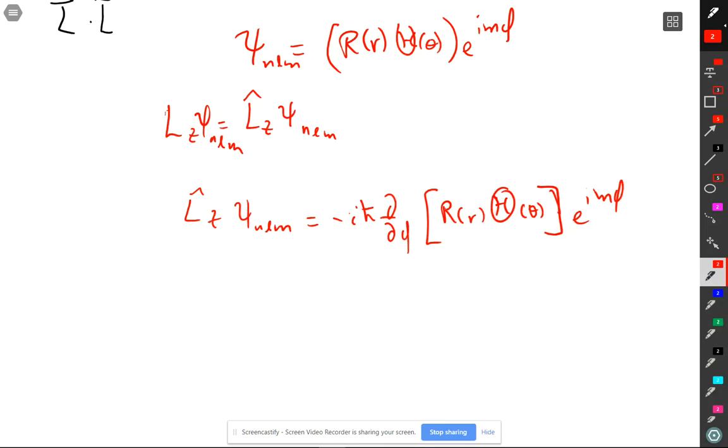And what's the derivative of e to the i m phi with respect to phi? You bring down the derivative of the exponent. So i m.